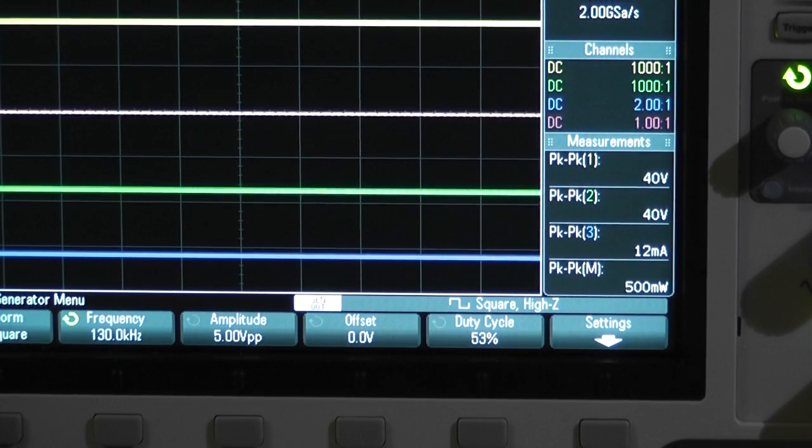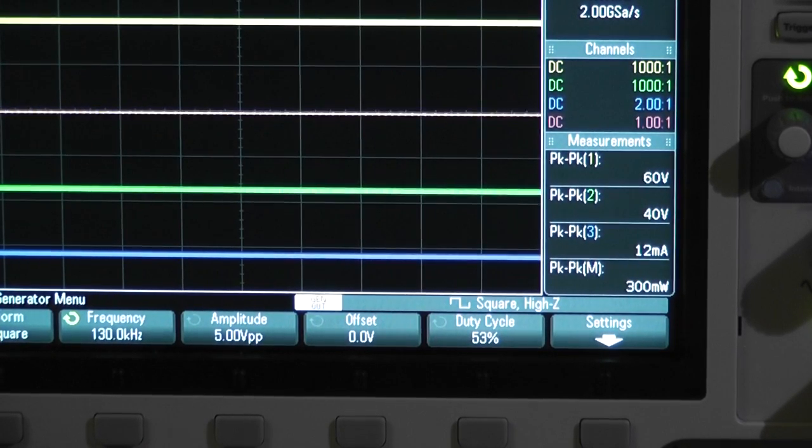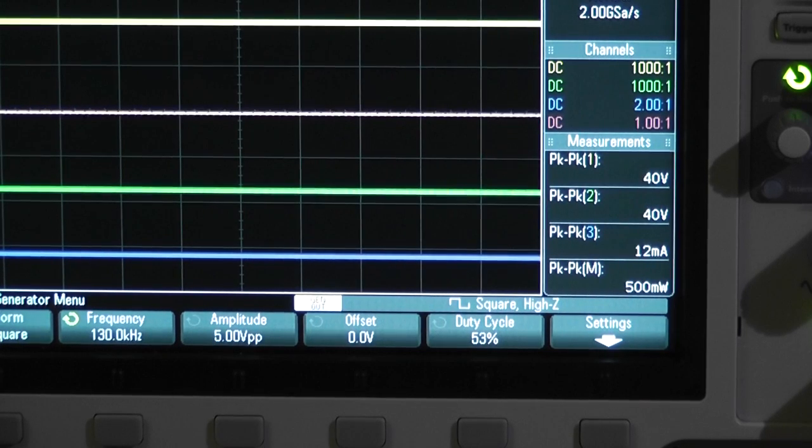By doing that you're removing the ambient or radio frequency radiation or electric field energy, keeping only the level which goes through the wire.